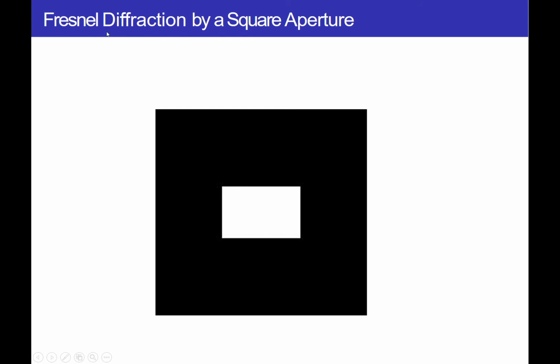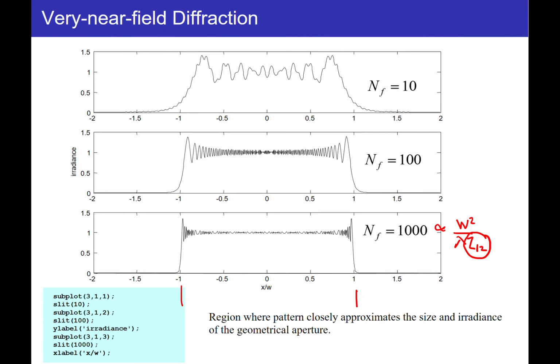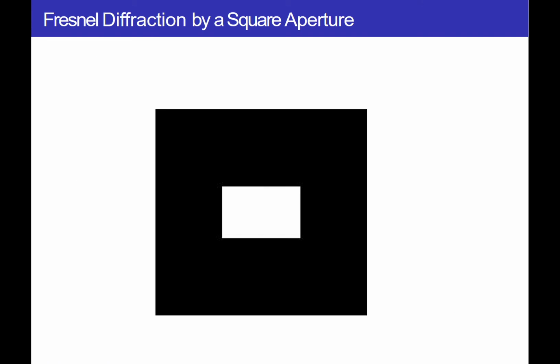So now let us try to think about Fresnel diffraction by a square aperture. The previous case we thought about was the one-dimensional slit. Okay, and now we are going to talk about a two-dimensional square aperture here.